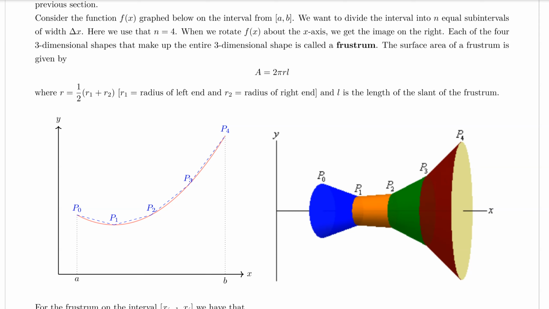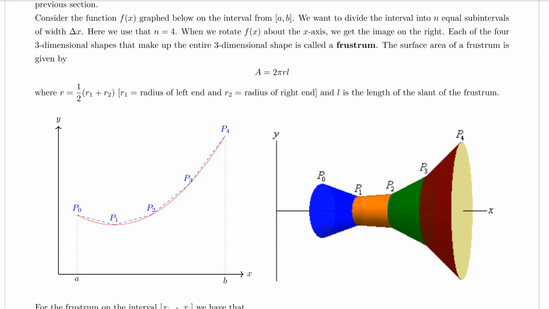The surface area of a frustum is given by A equals 2 pi r times L, where r is equal to the average of the radii, where r1 is the radius of the left end and r2 is the radius of the right end, and L is the length of the slant of the frustum.